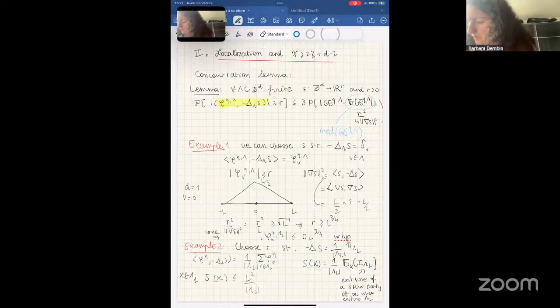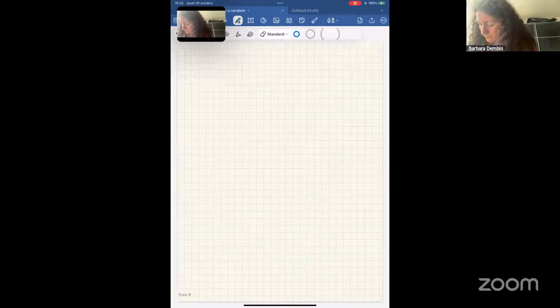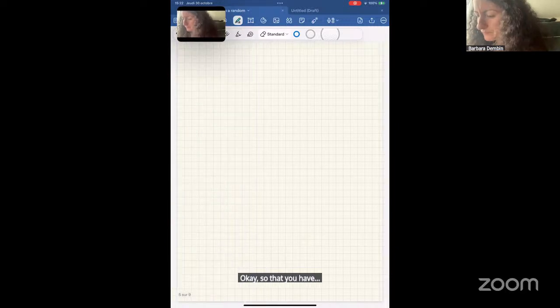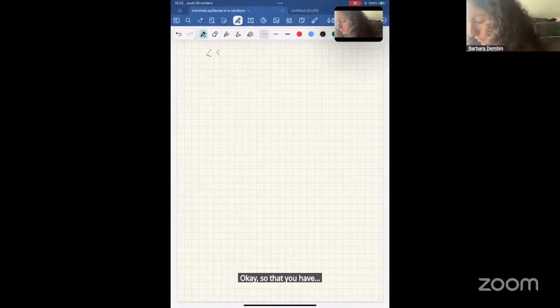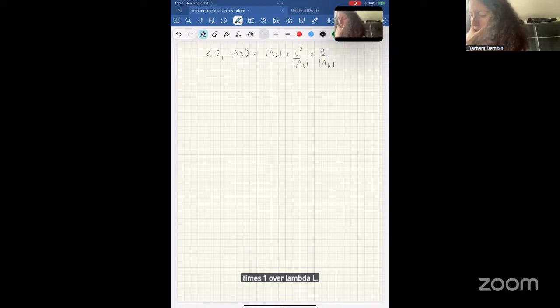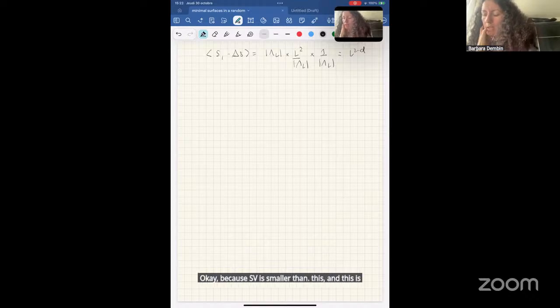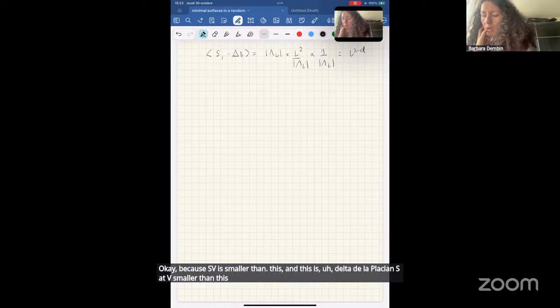So if you compute that, it's equal to lambda L times L squared over lambda L times 1 over lambda L. And at the end, it's equal to L^(2-d). Because S at V is smaller than this, and the Laplacian of S at V is smaller than this, and lambda L corresponds to all the V. So this is a bound.